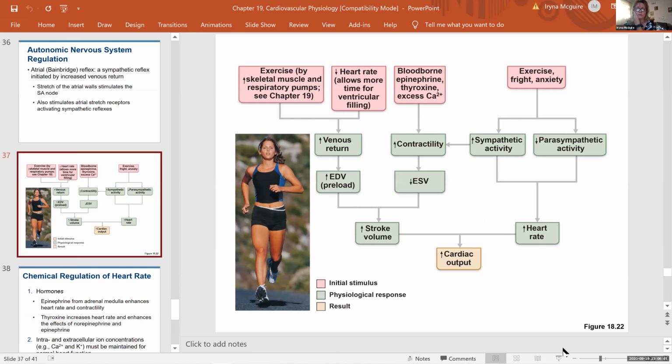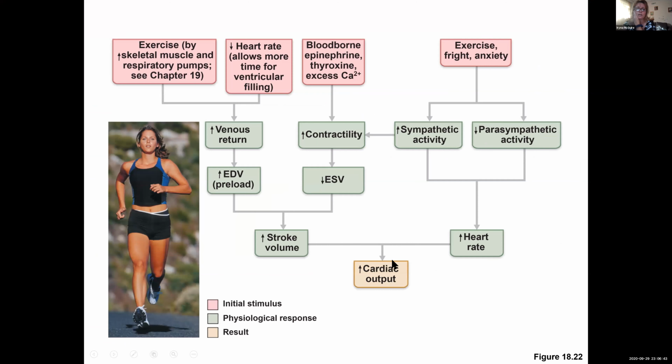So overall, this is a whole diagram that shows us how your body can increase cardiac output, right? We need to increase cardiac output when we are exercising, when we are running, when we are stressed out.